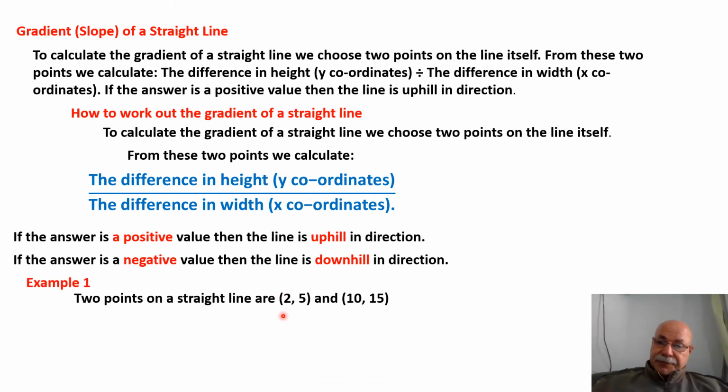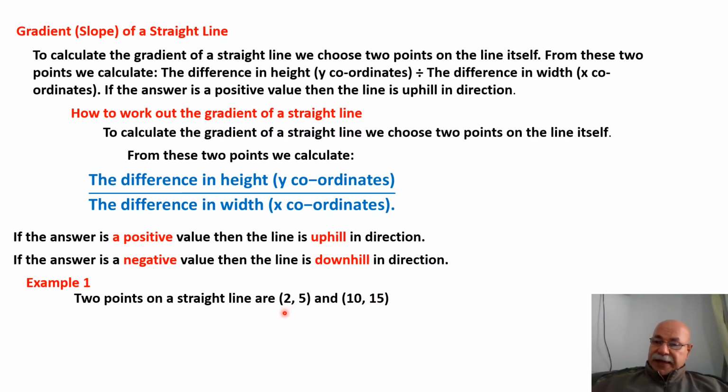For example, two points on the straight line are 2, 5 and 10, 15. We choose these two points.